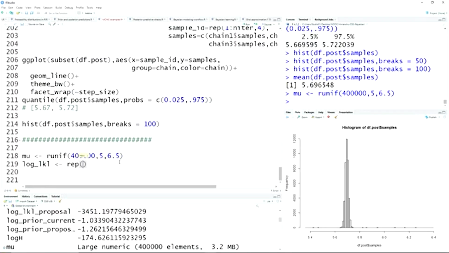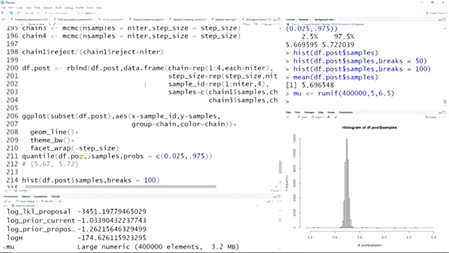So let me write it like this: repeat NA 4 lakh times. So I will calculate log likelihood for each sample. So I will run a loop for i in 1 to 4 lakh. Okay, so we'll calculate log likelihood for each proposal i using this.